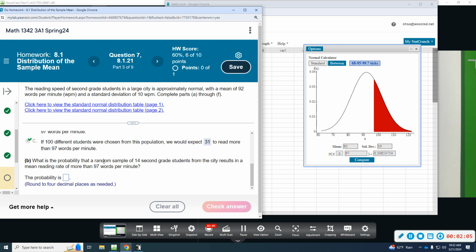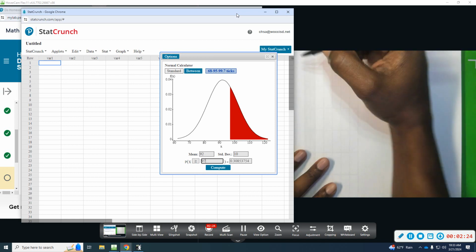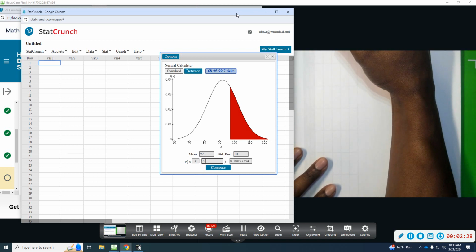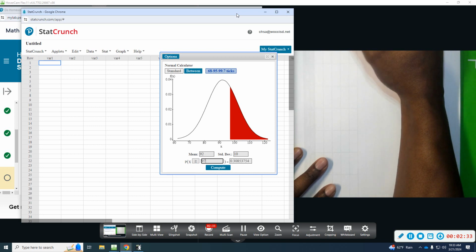Part B, what's the probability that a random sample of 14 will result in a mean of more than 97? So now we're applying the normal approximation. The difference here is our standard deviation is changing to sigma over the square root of n.